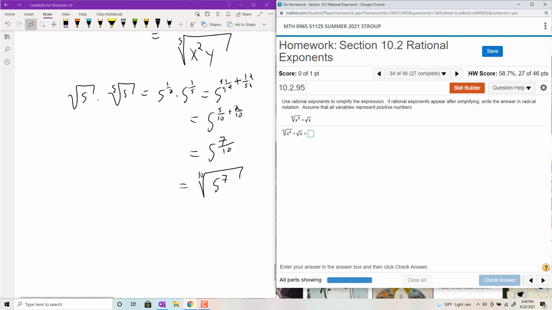And same sort of deal. It'll be x to the 4/9 times x to the 1/2, and you're going to need a common denominator here in the exponent.